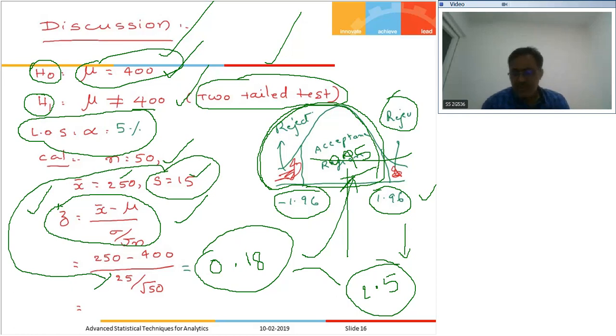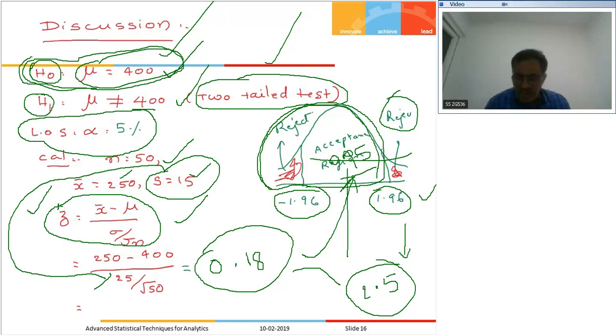The 1.96 I will explain. Accepting the claim is right. This is the entire process or exercise we have done to validate that the average life of the product is 400.